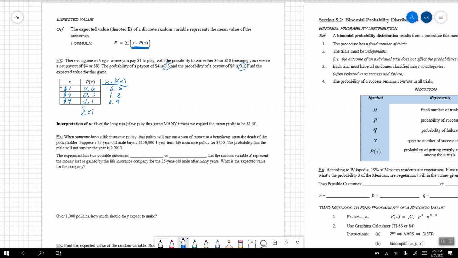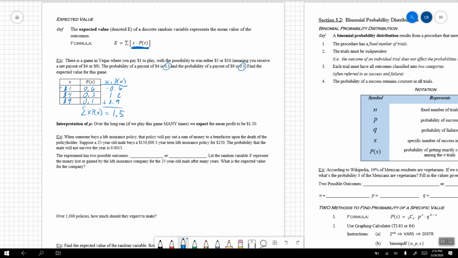So to find the summation here, adding all these together, we get 1.2 plus 0.9 minus 0.6. We should get around 1.5. And that's positive.